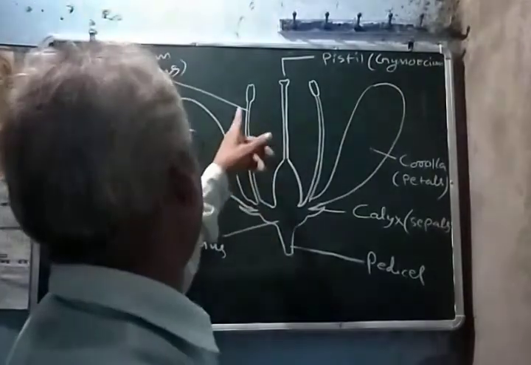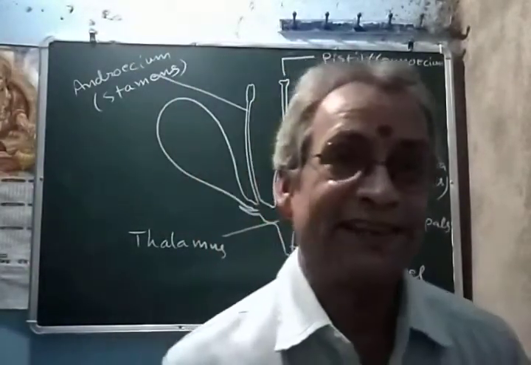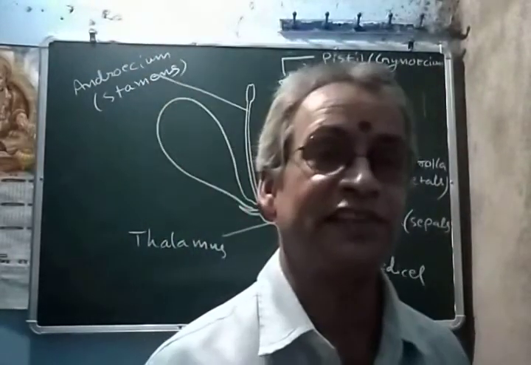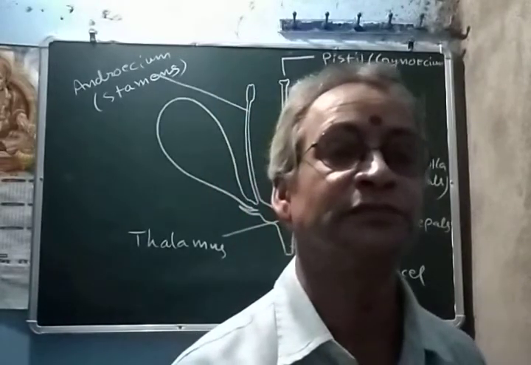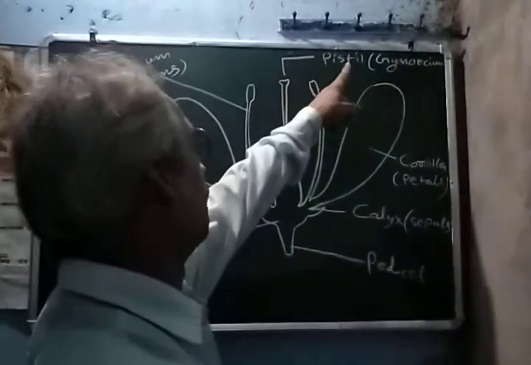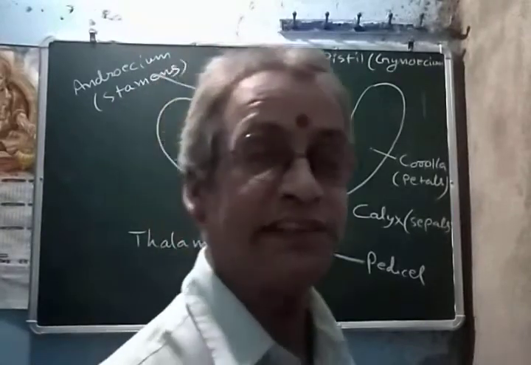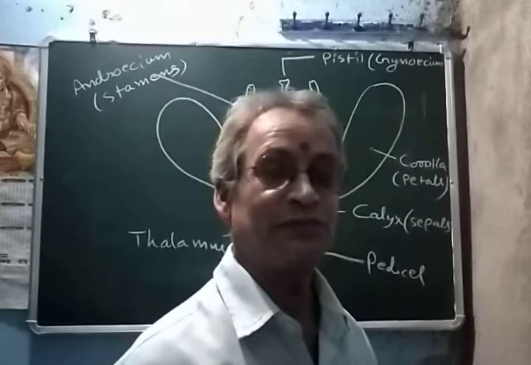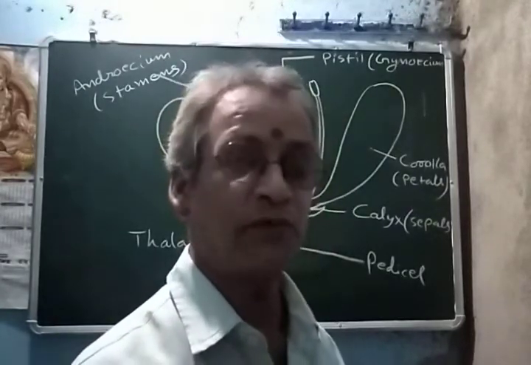So a single stamen of the androecium is a male reproductive part, and an individual pistil or unit of gynoecium is a female reproductive part or female reproductive organ.